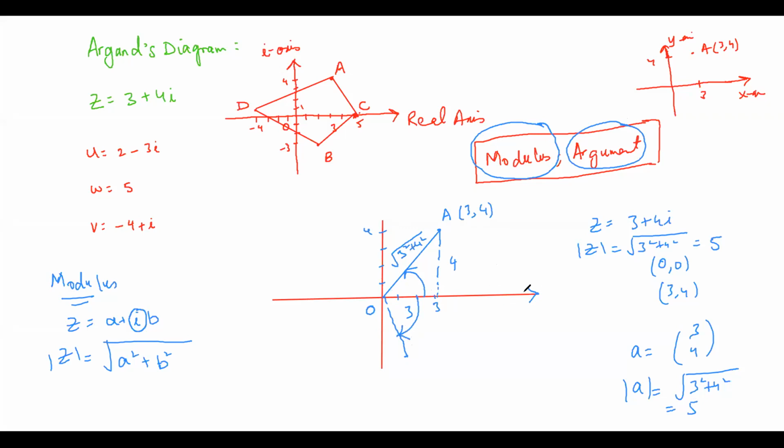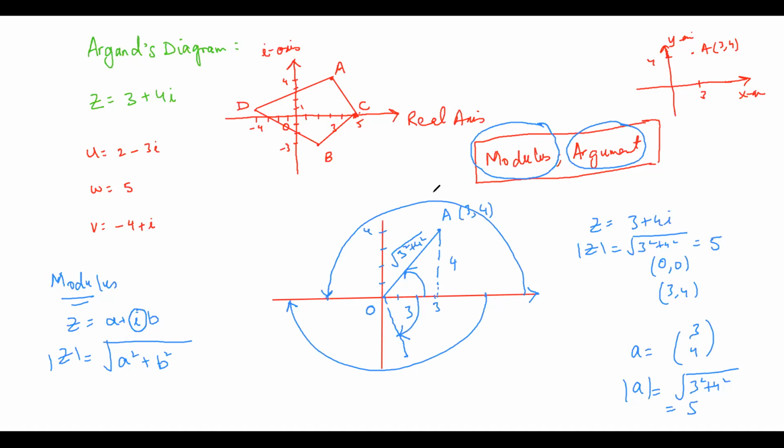The argument is taken from 0 to pi, or from 0 to minus pi. We don't go beyond pi or minus pi. There are reasons for that. You will understand this when you practice more on it, plotting them on the Argand diagram, and then you will yourself realize why we don't go beyond pi and minus pi.